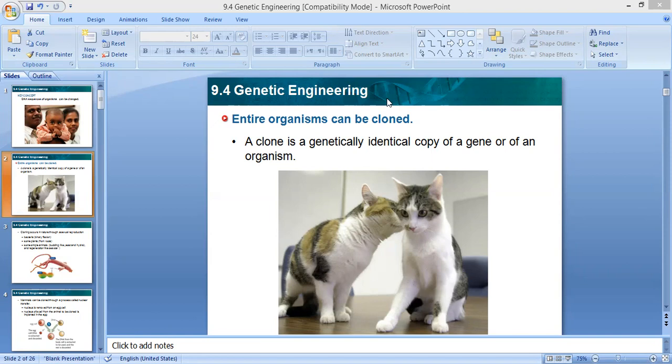This means a gene has an identical copy, or not only a gene, a whole organism has another copy. Our traits and everything we have is expressed by our genes, right? So if we make a copy of the whole organism, this is a clone.